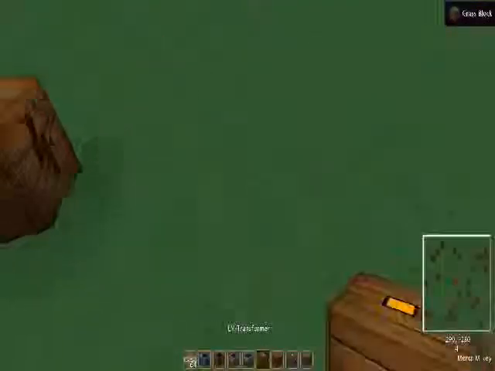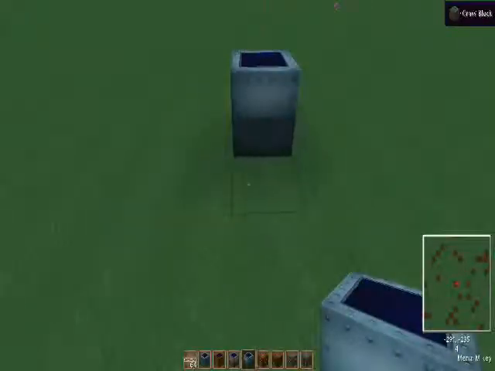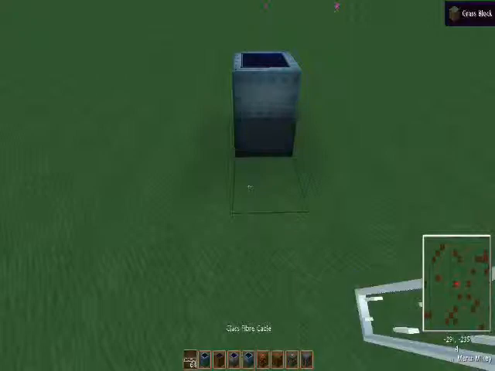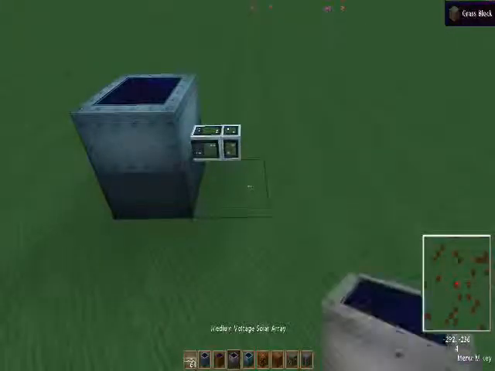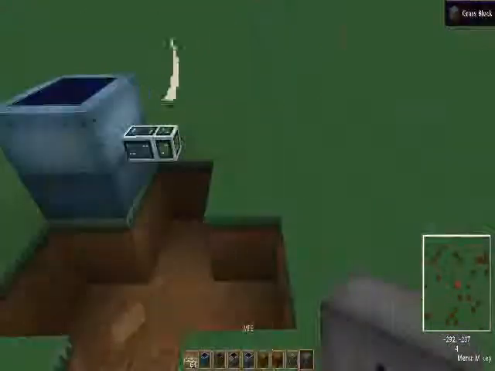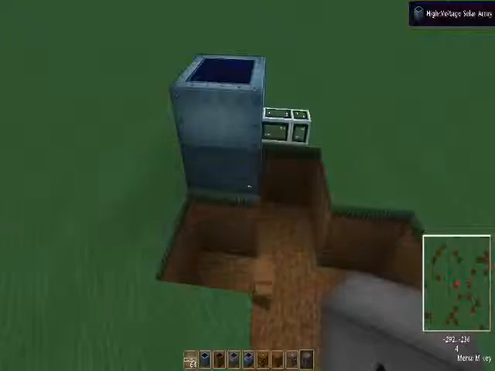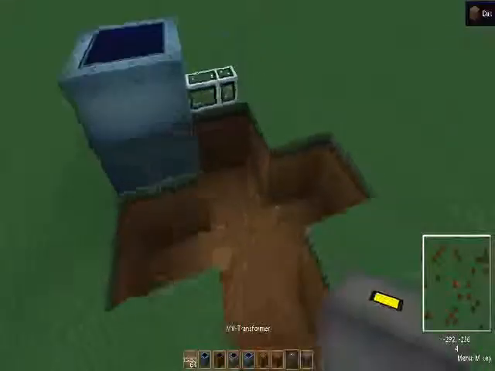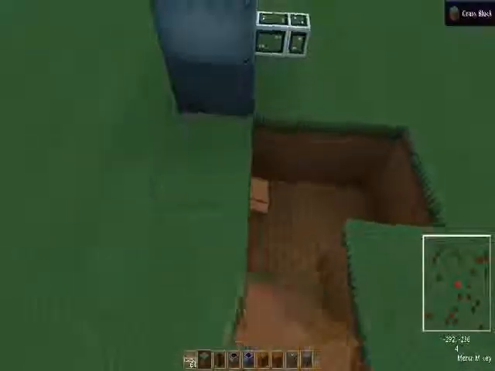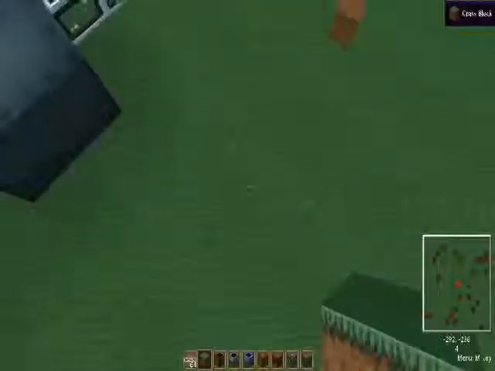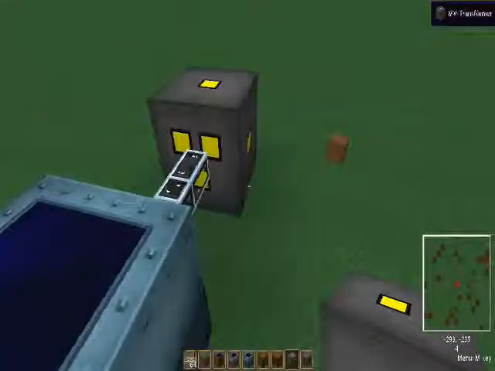Now for the high voltage solar array, we can't hook it up to the MFE because it too will explode. So let us just replace these real quick. We have to hook up a medium voltage transformer.